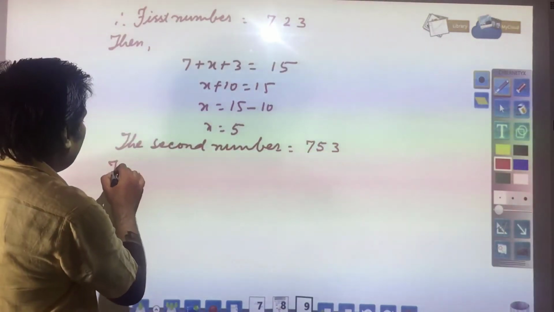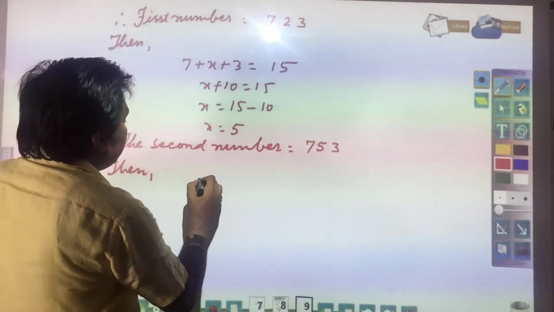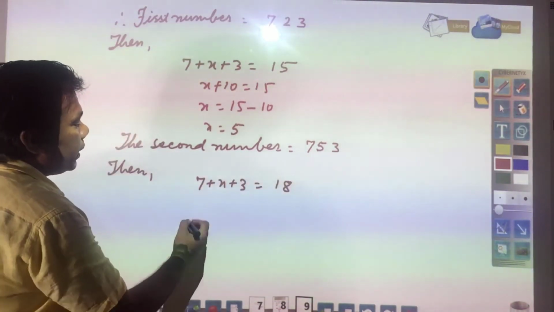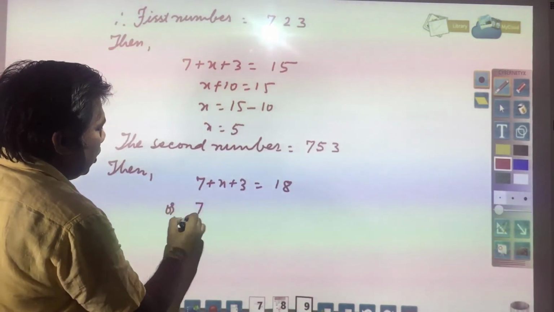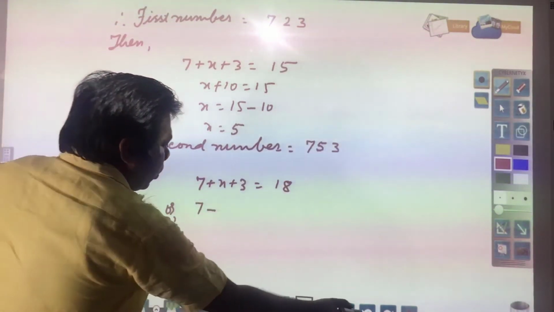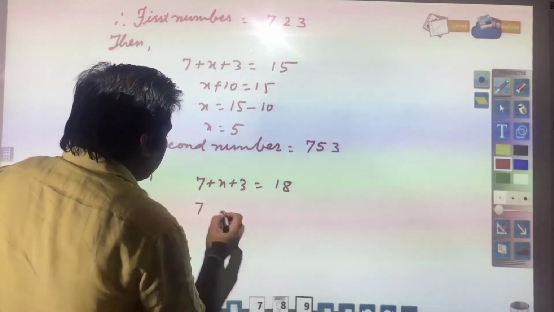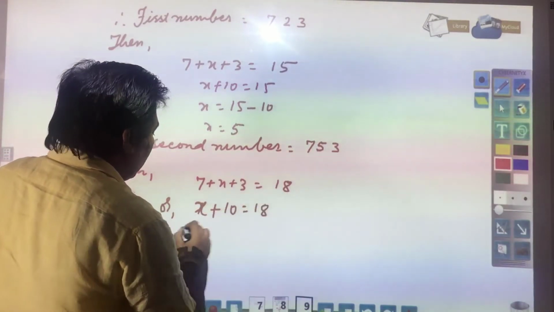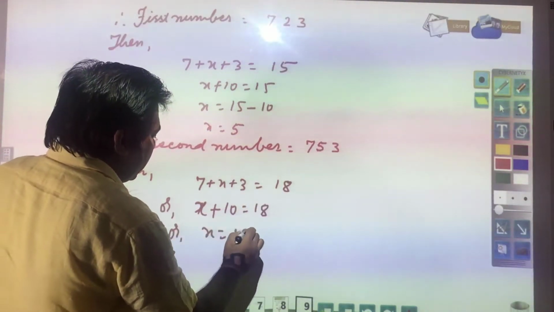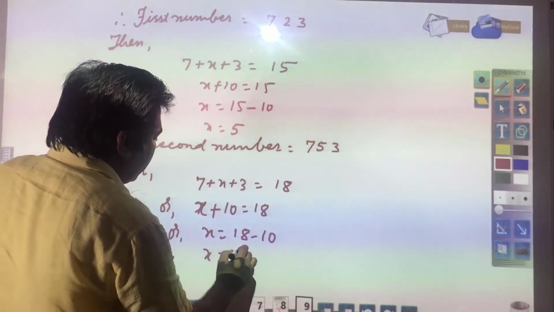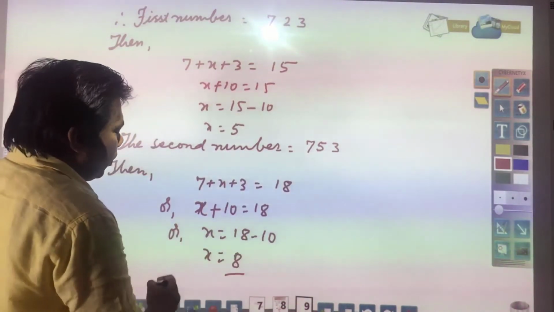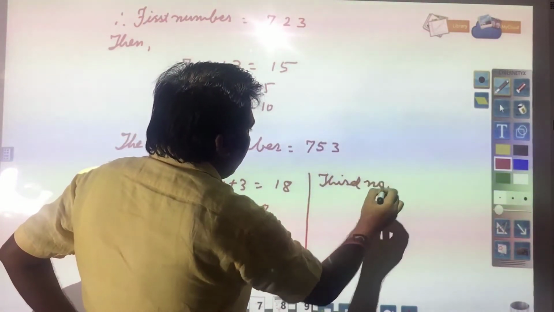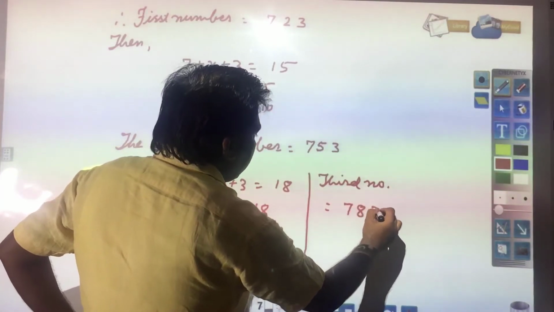The other number you find out, then 7 plus x plus 3 should be 18. Then in this case you see, you can write directly x plus 10 is equal to 18, or x will be equal to 18 minus 10 and x is equal to 8. So, your third number will be 7, 8 and 3.